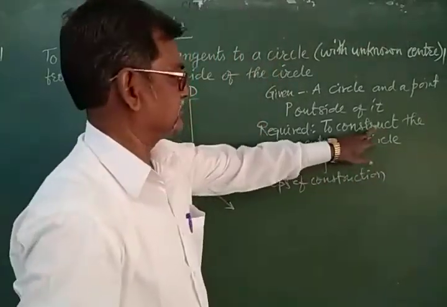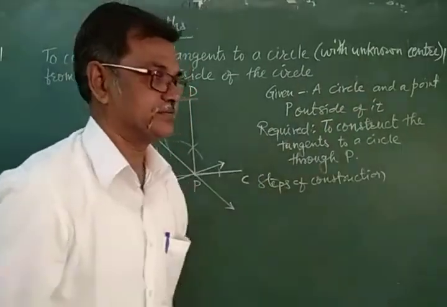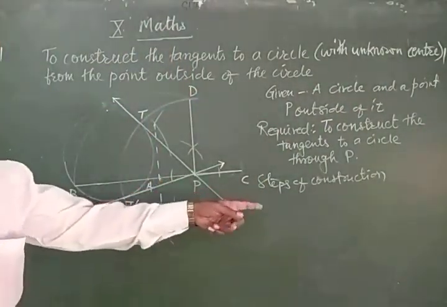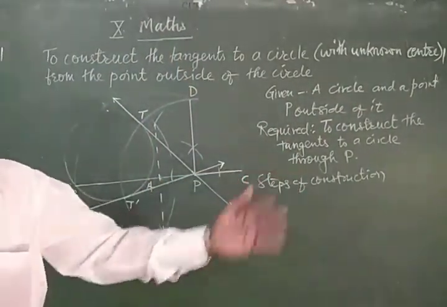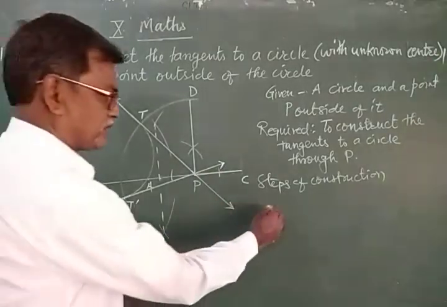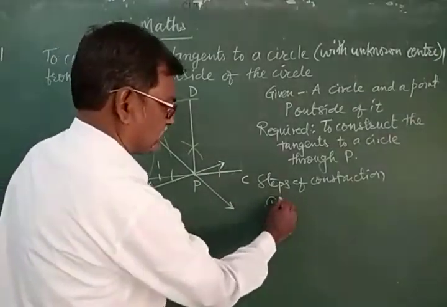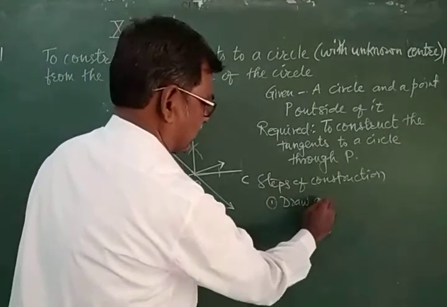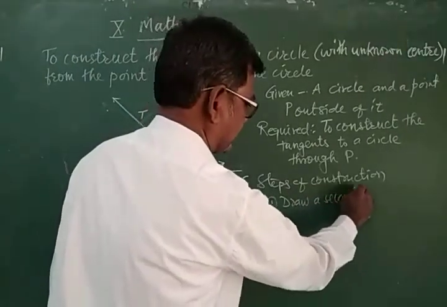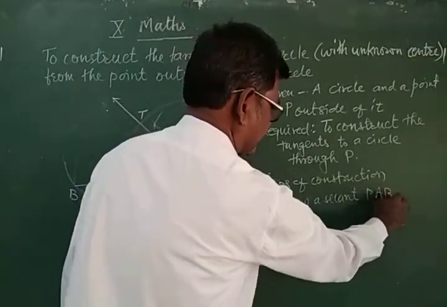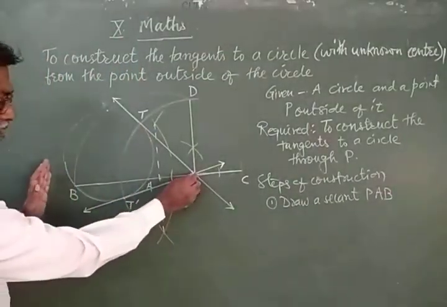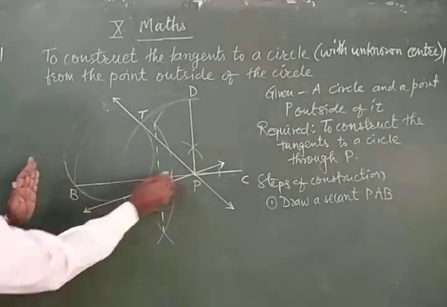We are given a circle and a point. Then no need to write in the steps of construction, draw a circle and take point P outside of it. No need to write. The first step is, we have to draw a secant PAB, from here to this.